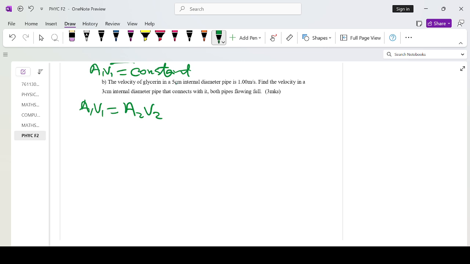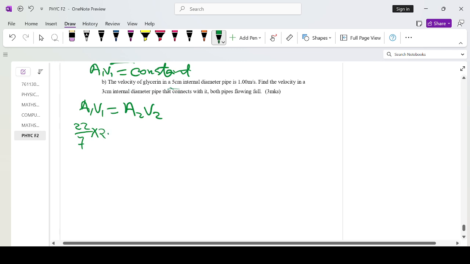So how do you get the area of something that is circular? It is 22/7 times, if this is the diameter, the radius will be 2.5 squared times its velocity. What is the velocity?